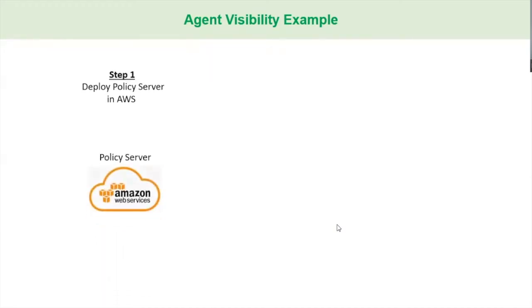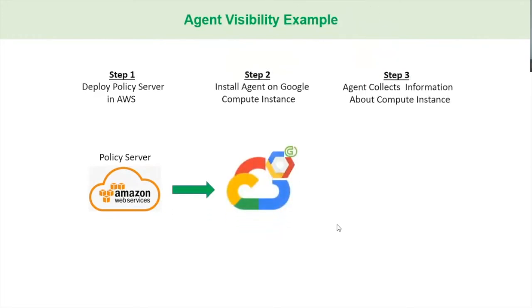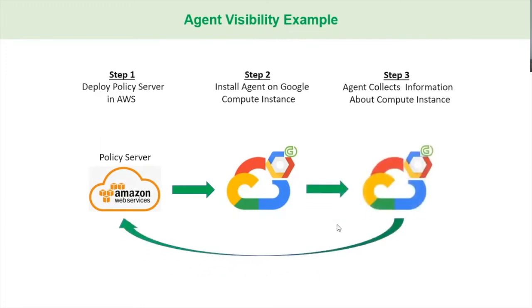The third example for visibility is going to be utilizing an agent. For this example, we'll have our policy server hosted in AWS, because again, it's not relevant where that is. Then you have a Google Compute instance inside of Google Cloud, and you install an agent on that instance. The agent collects information and reports it back to the policy server.